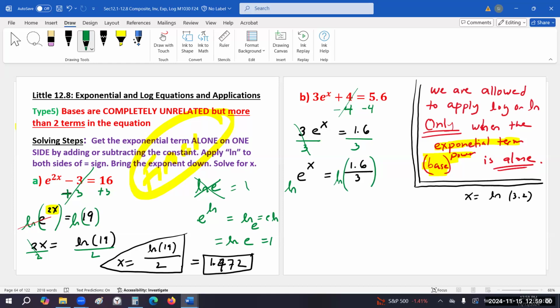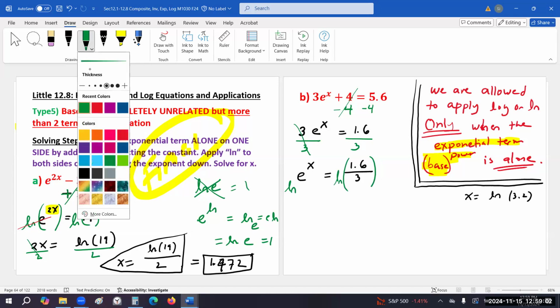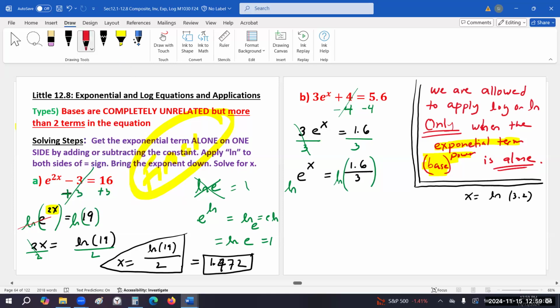What happens to e and ln? What happens to the left side? ln and e? They cancel out because they don't like one another. So we didn't have to solve for x. It's solved automatically.